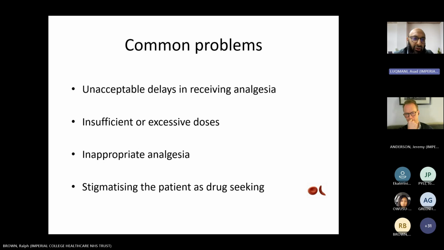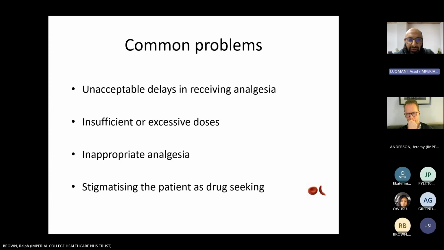Occasionally, patients may receive insufficient doses of opioids or do not get follow-up doses of opioids. And conversely, some patients may be given excessive opioid doses, leading to complications and opioid toxicity problems.